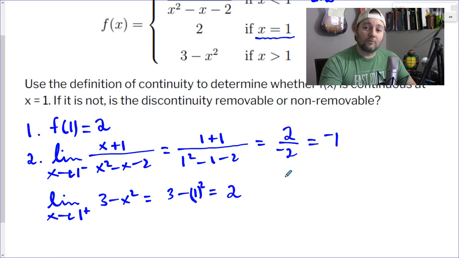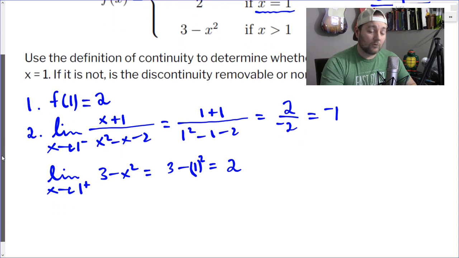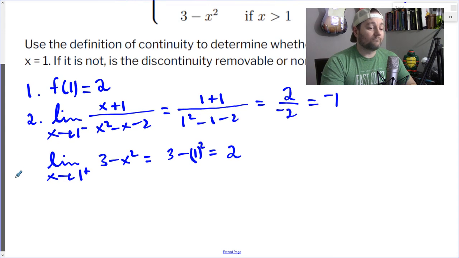So obviously we have something going on here. There's some type of discontinuity happening because we violated the second rule of the definition of continuity, where the limit must exist. We know that if the one-sided limits are not equal, then the limit does not exist. The best analogy I can give you is a broken bridge.